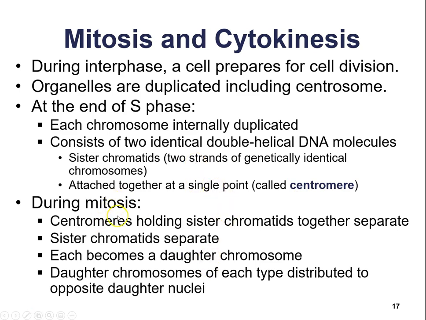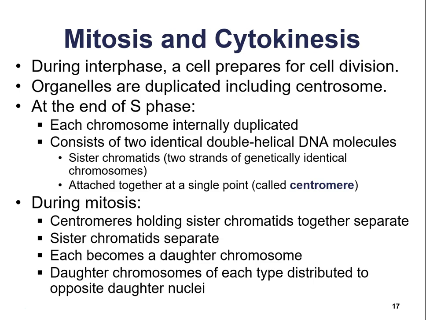During mitosis, the centromeres hold those sister chromatids together, but eventually they're going to separate, and then each will become a daughter chromosome. These chromosomes are distributed to each daughter nucleus, to each cell.